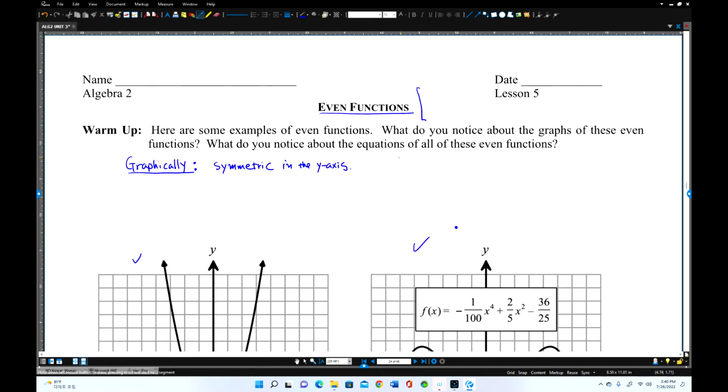The next one is algebraically. Algebraically, if f of x is equal to f of negative x, then f of x is an even function.